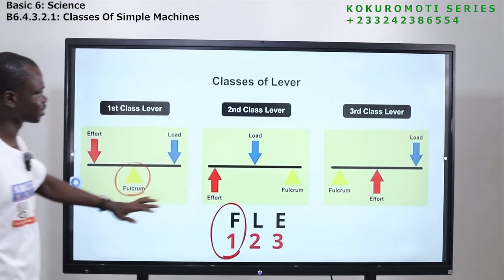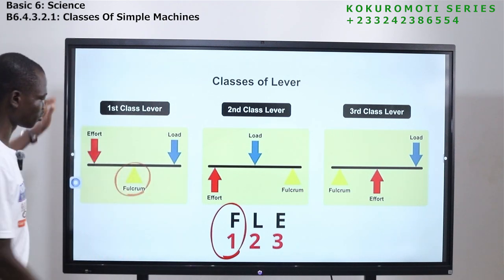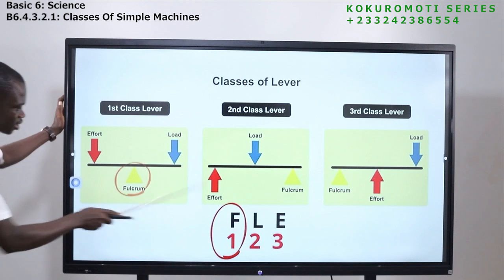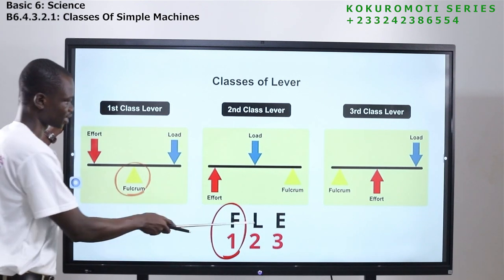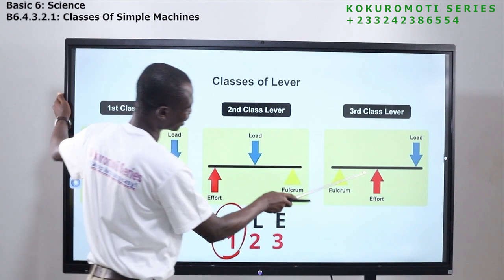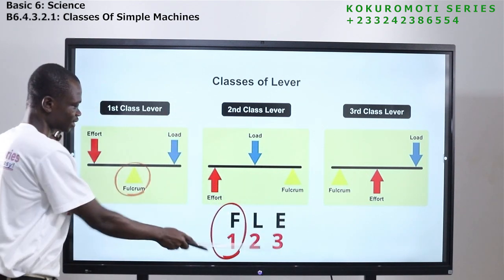We have first class, second class, third class. You see, with the first class, we have the fulcrum at the middle. Second class, we have load at the middle. Then third class, we have effort at the middle. So 1, 2, 3, first, second, third.